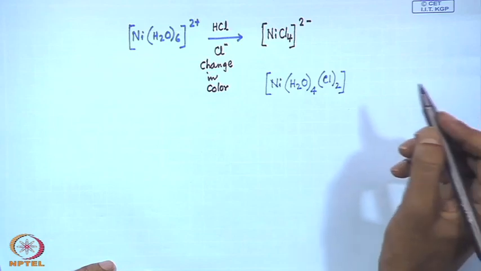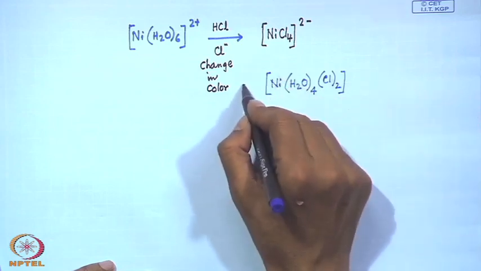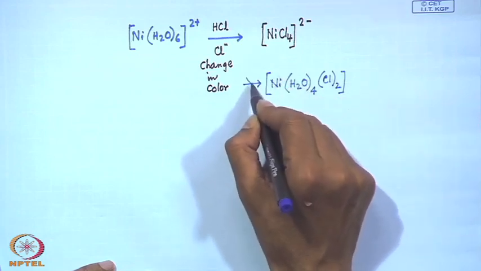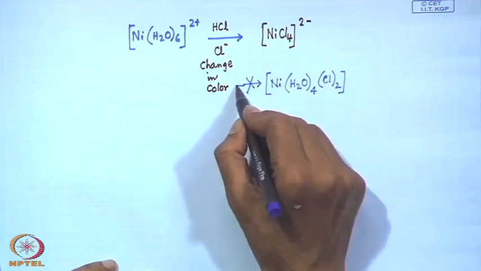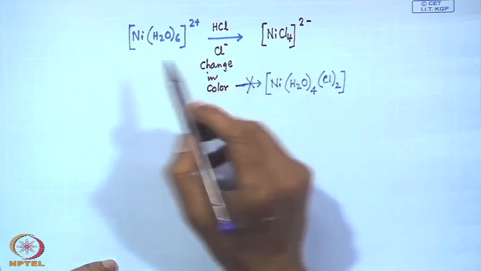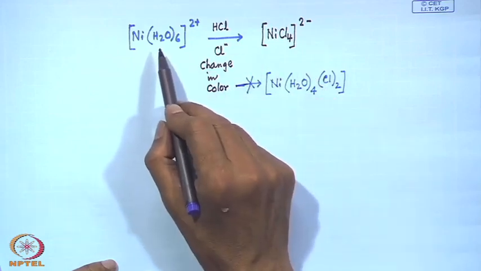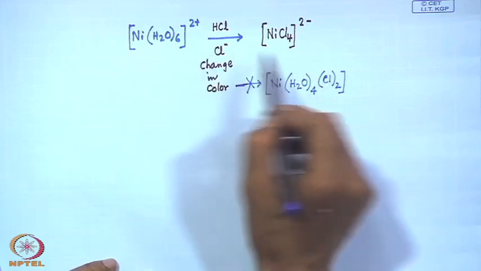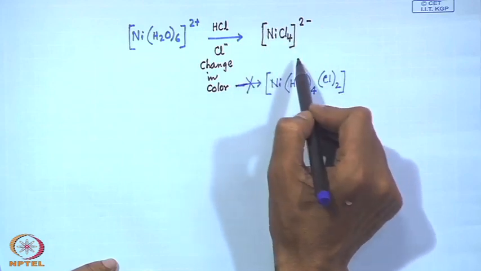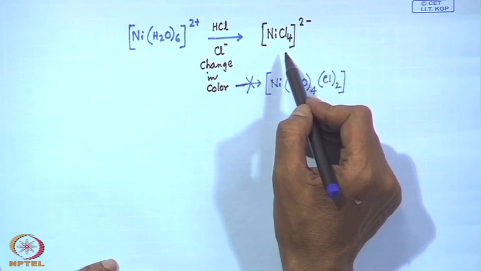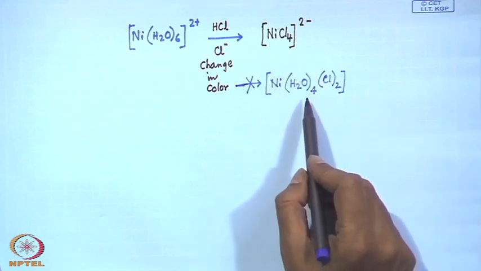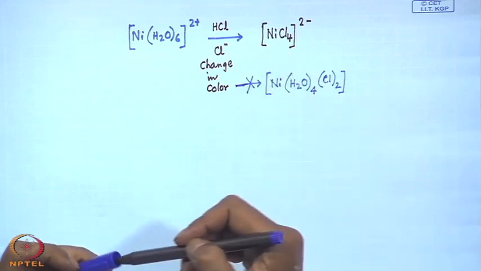In this very simple condition we are not getting any complex of this type, but 4 Cl minus can substitute 6 water molecules together, though in a stepwise manner. The ultimate product will only be the tetrachloro complex, not the tetraaqua dichloro species.